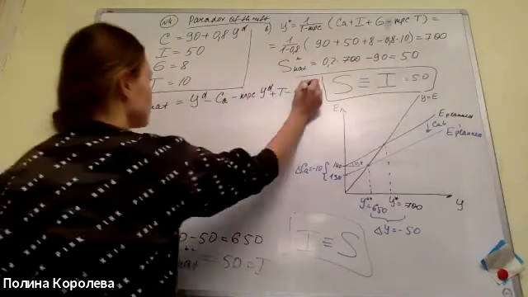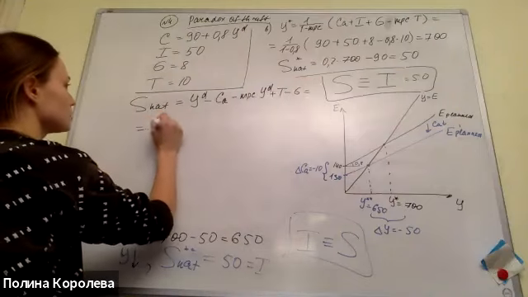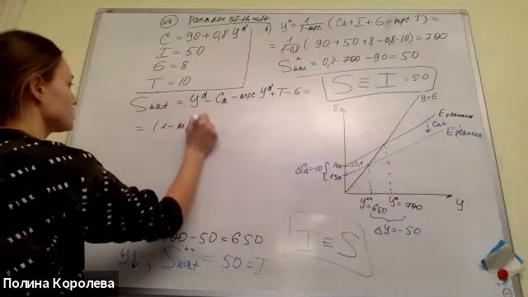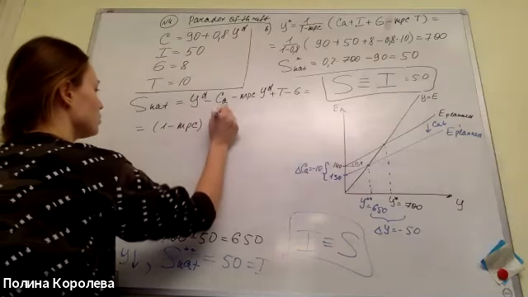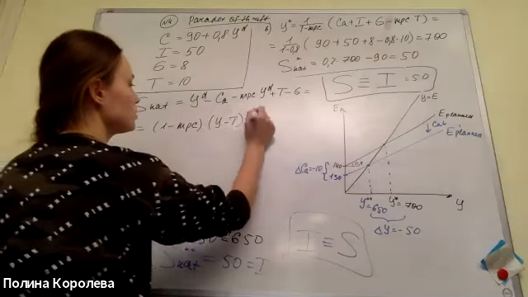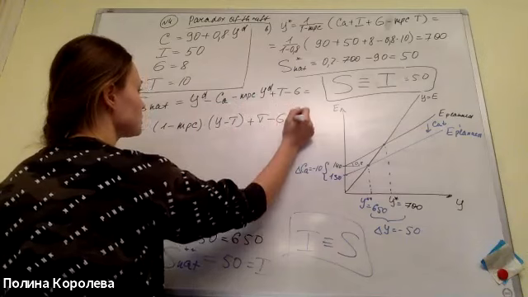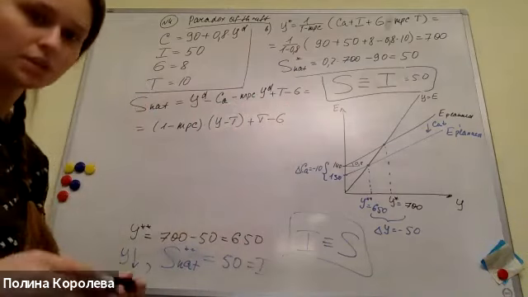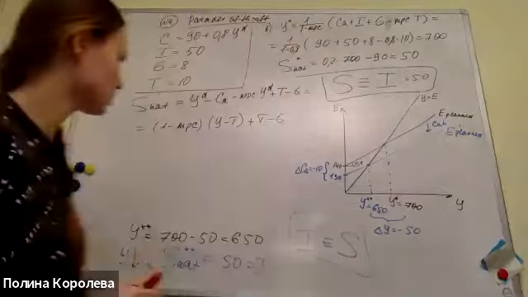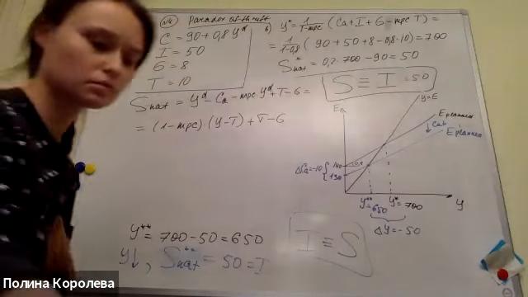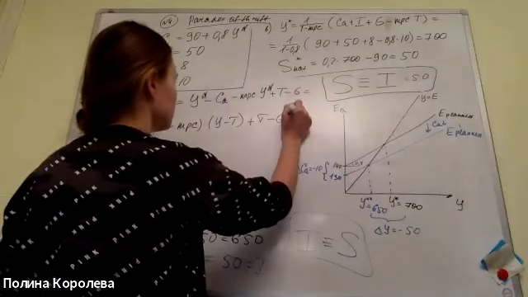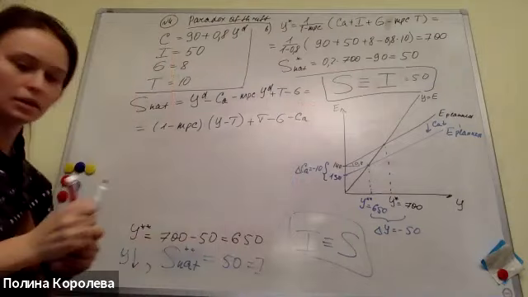This is national savings. This is 1 minus marginal propensity to consume multiplied by Y minus taxes plus taxes minus government spendings. What is happening in our situation? Forgot, sorry, minus CA also.